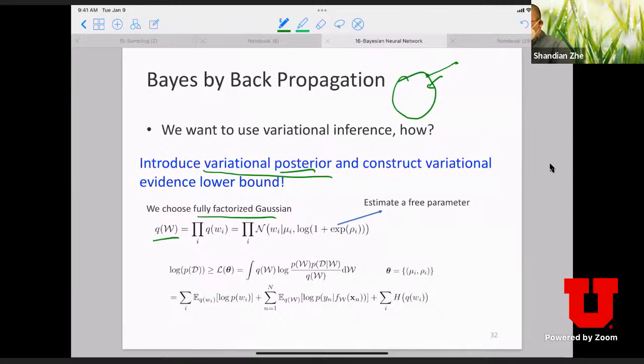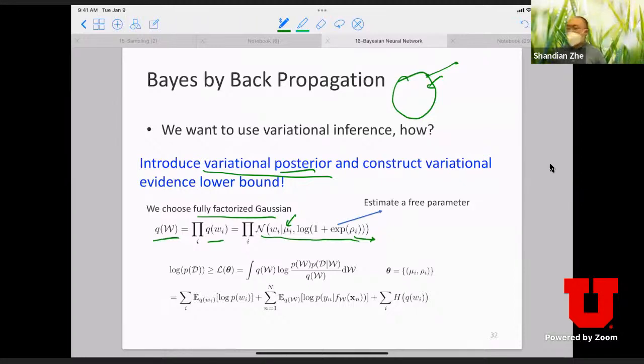Let's just choose this crude approximation. That is, we assume our variational posterior is factorized over every element, and each q of w_i we parameterize as a Gaussian distribution. Here we have two parameters. One is the mean, and the other is regarding the variance. However, we want to make sure our variance parameter is always positive, and I don't want to put an explicit constraint.